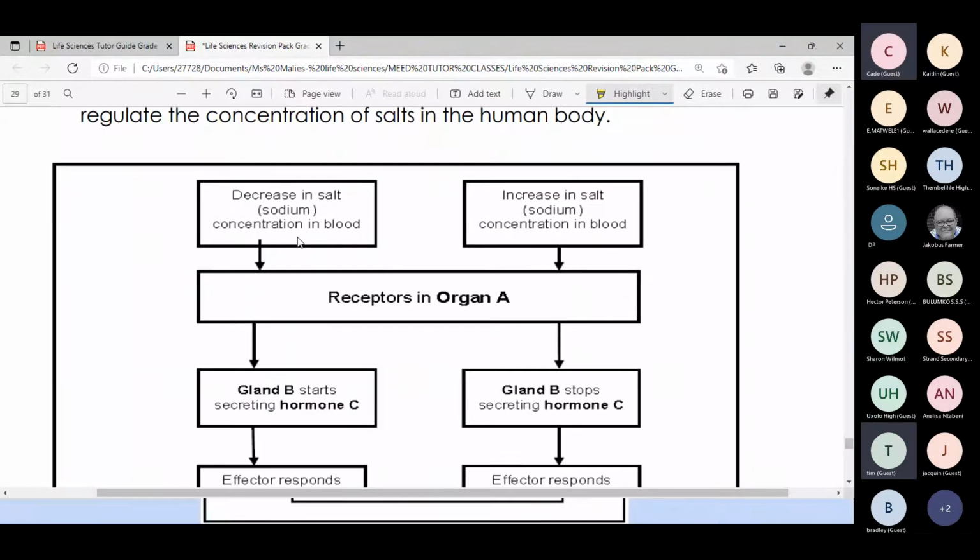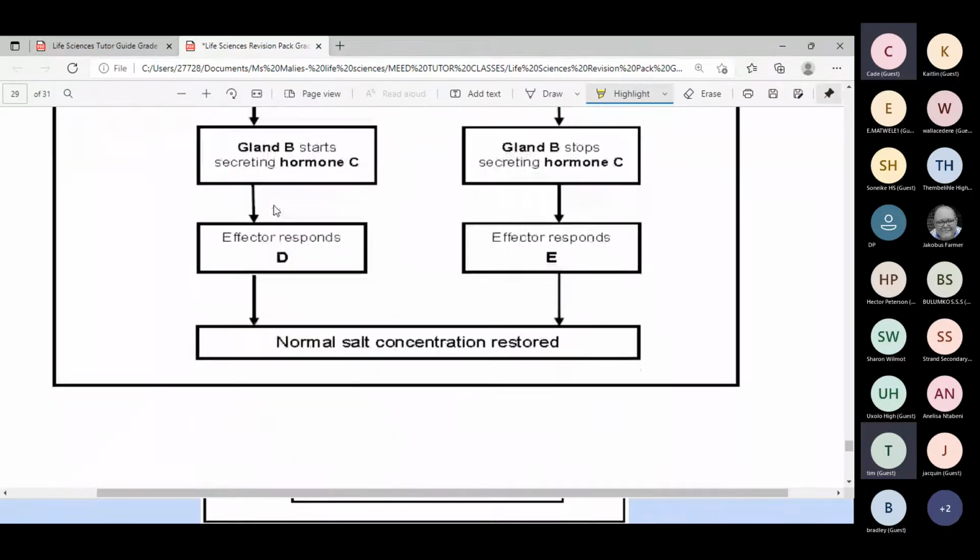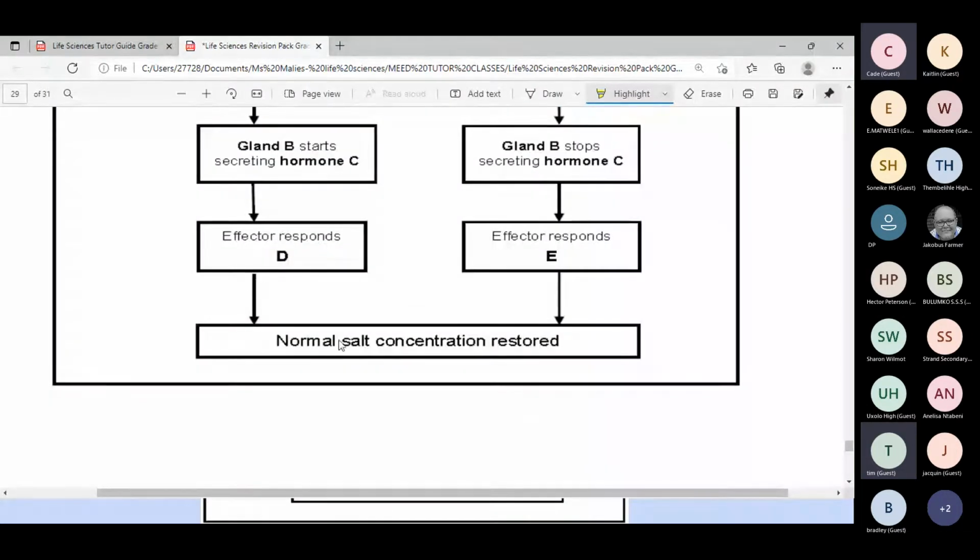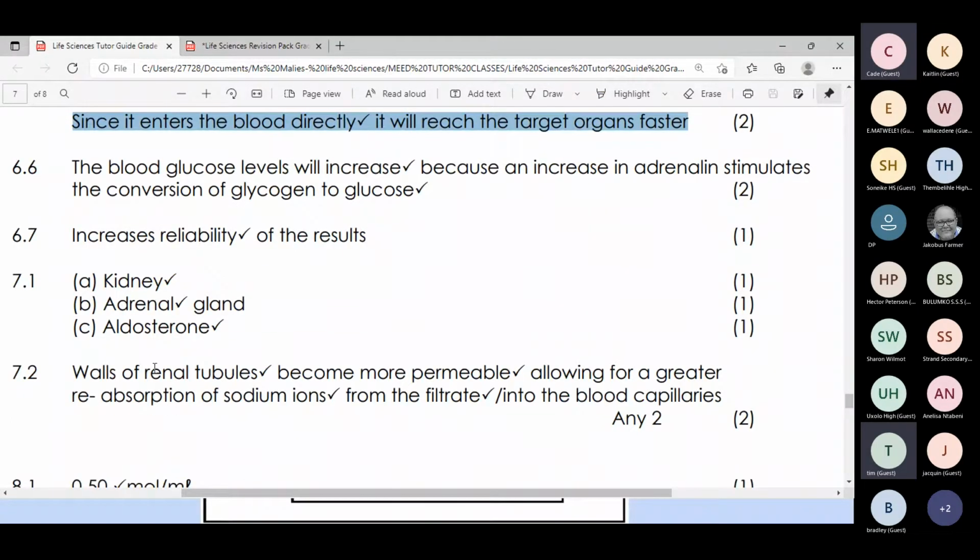Be careful. Now you have to look at the diagram. The imbalance was a decrease of salt. So what will be the response here at the end to get the salt levels back to normal? The wall of the renal tubules becomes more permeable.